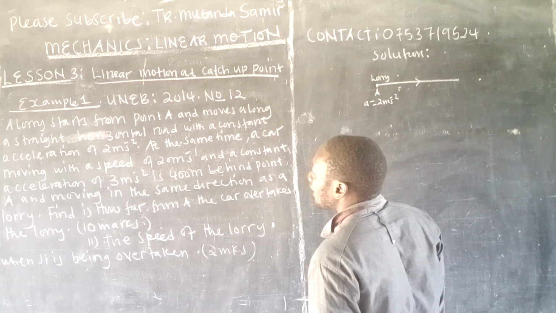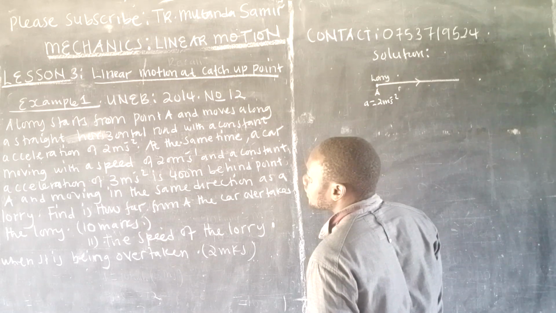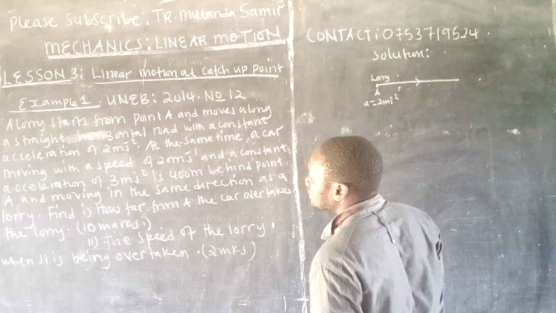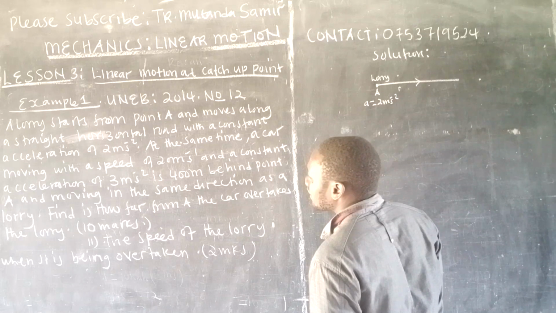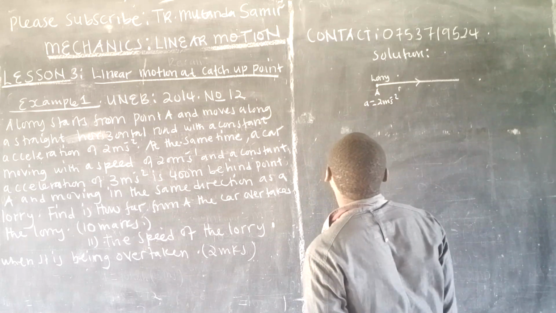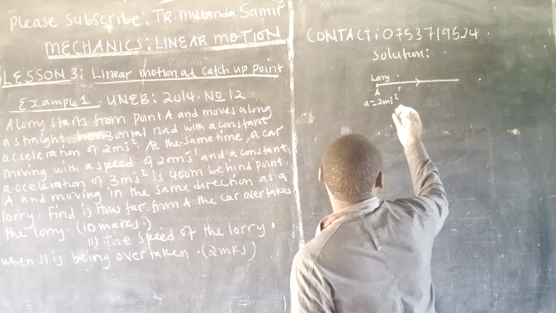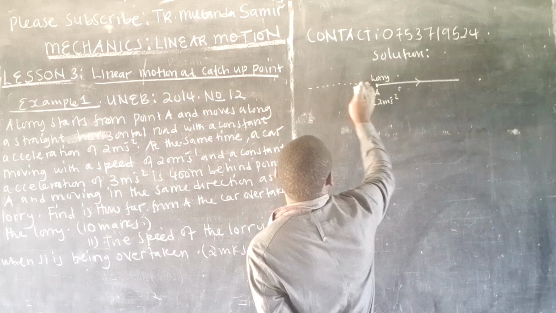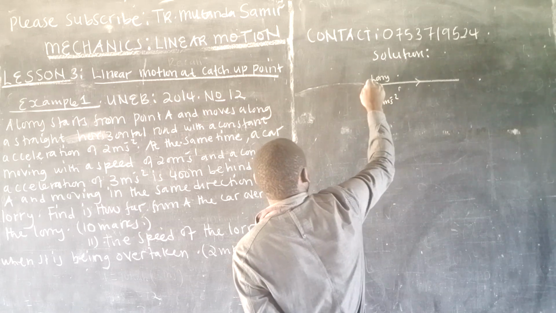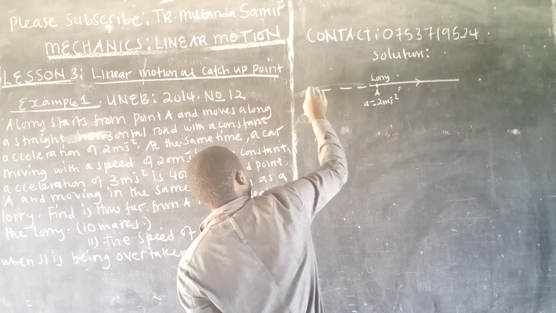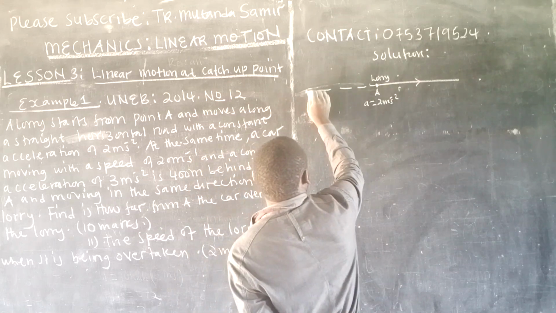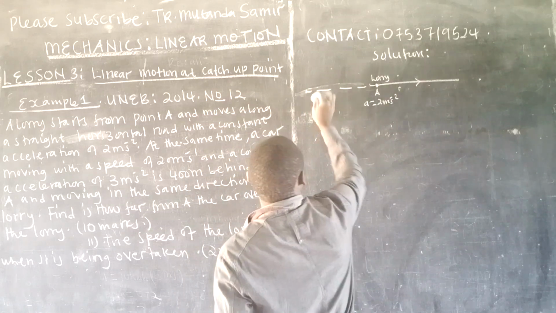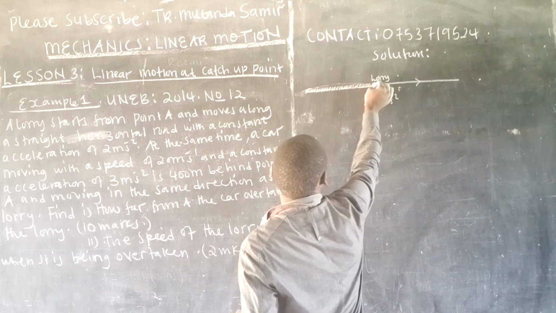At the same time, a car moving with a speed of 20 meters per second and a constant acceleration of 3 meters per second squared is 400 meters behind point A. Remember, you already have your point A from the drawing. So the car is 400 meters behind point A. If the lorry is going in the other direction, like that, I'll make it a bit thick, to be different, or to be unique up to that level.